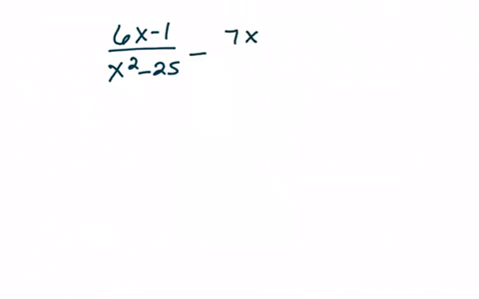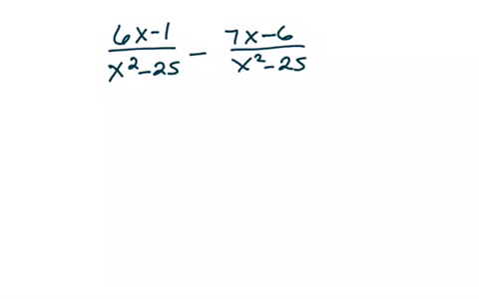Let me show you another one. What if we have one that's similar? Let's go 6x minus 1 divided by x squared minus 25, and then let's take away 7x minus 6, all divided by x squared minus 25.